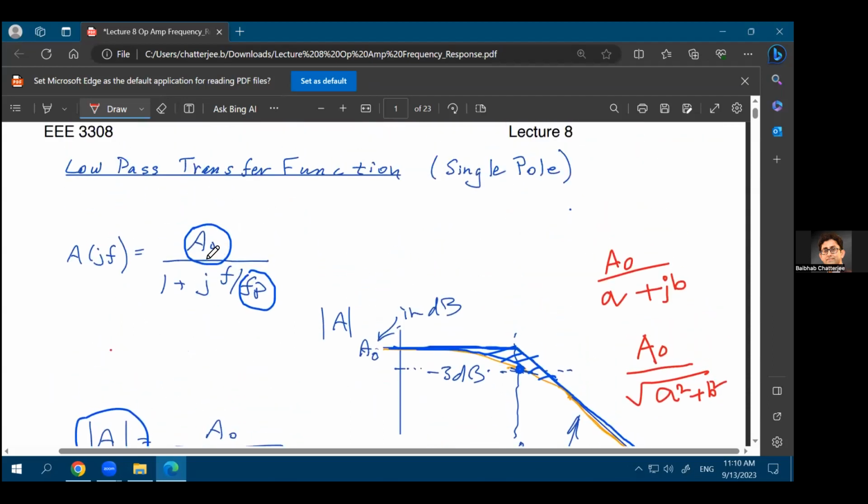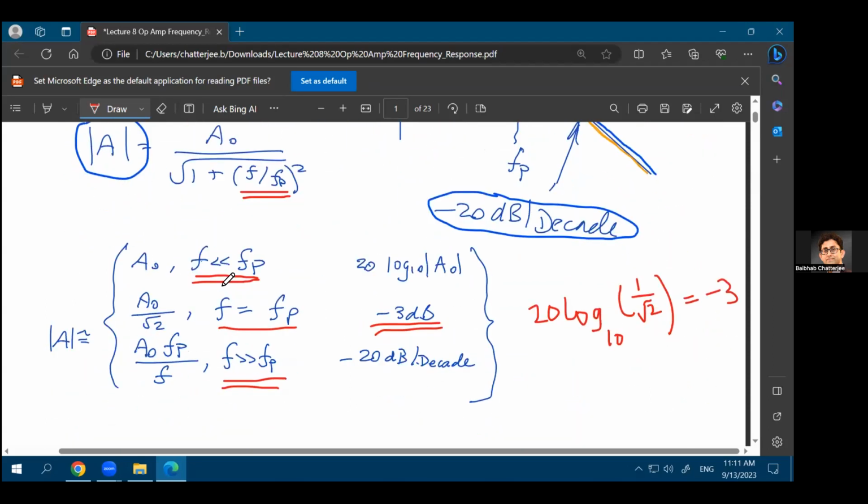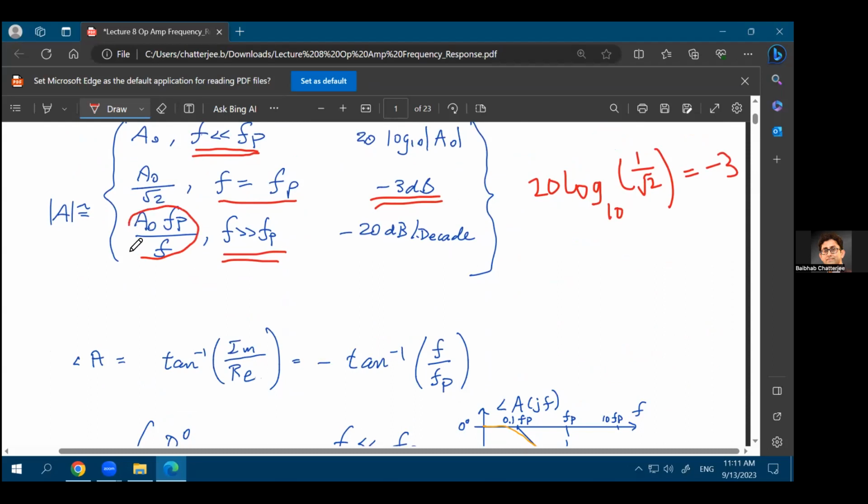Because F is much larger now, so F over Fp, that ratio will be much larger than 1. So you can ignore this one term, and since you're taking the magnitude, you can ignore the J term. What will be left is A0 times Fp in the numerator and only F in the denominator. That's what we wrote over here.